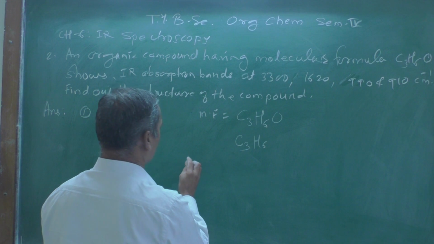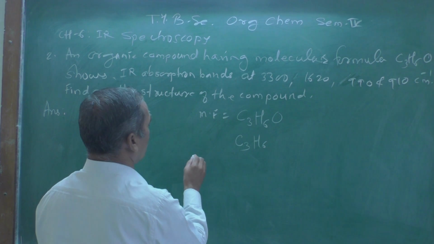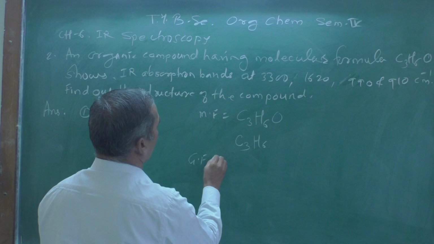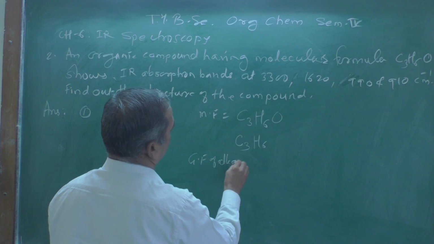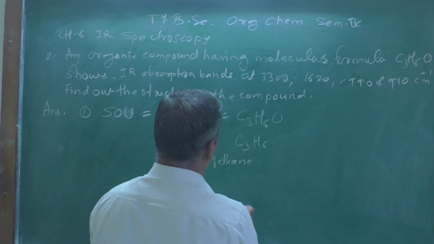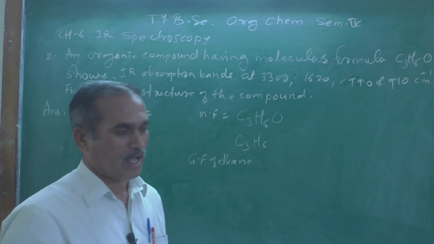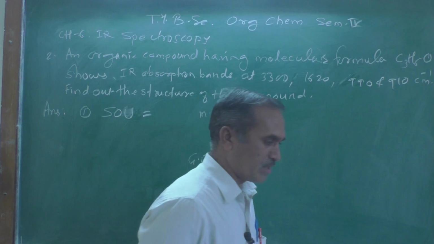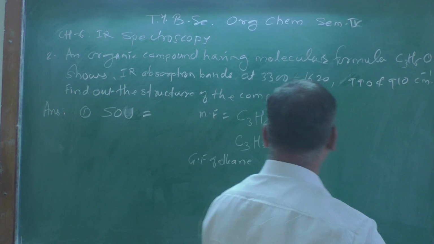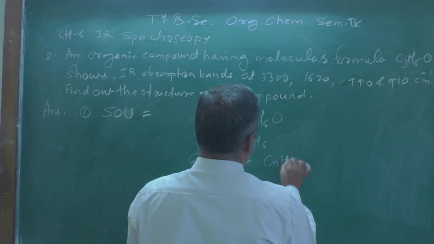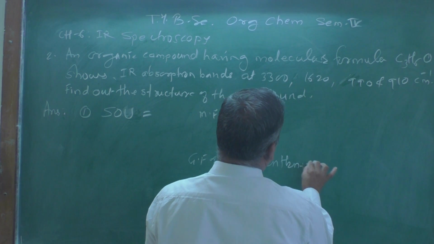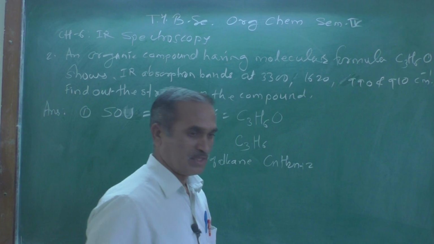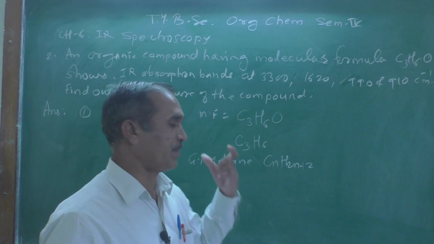Now, according to the general formula of alkane, do you know what alkane means? The organic compound having the general formula CnH2n plus 2 is known as alkane. This is the general formula of alkane.